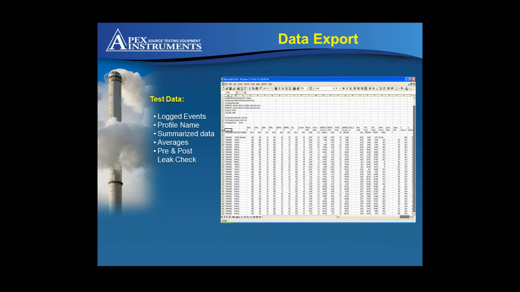It's capable of collecting 99 runs, and each one of those runs could be 30 days long, and it still would have room. So the reason I recommend 1 minute data points is that it gives you more resolution. You can see what's going on prior, if you have an issue, or if stack conditions change. So it gives you a lot more resolution of the test during the run.